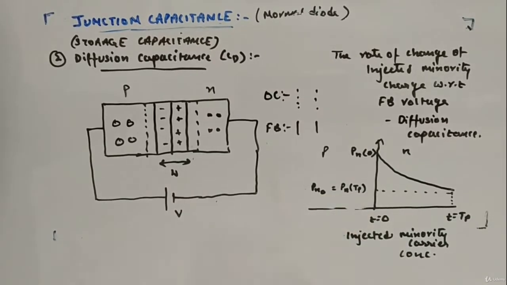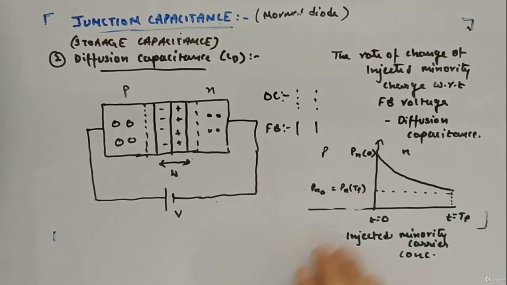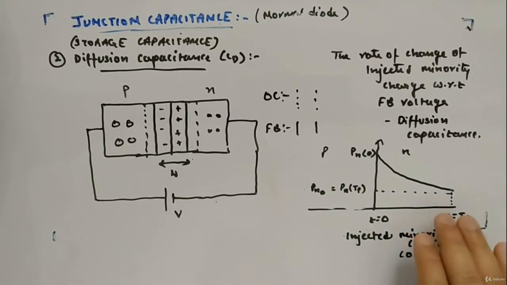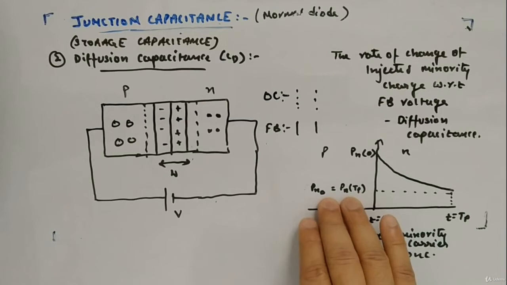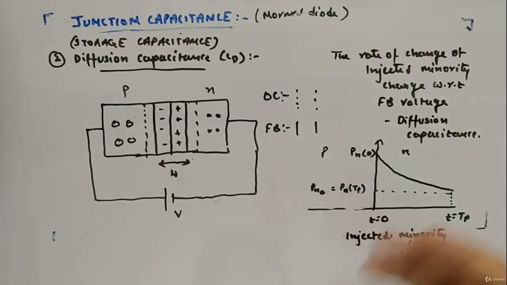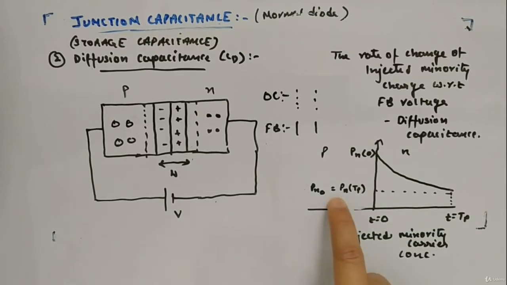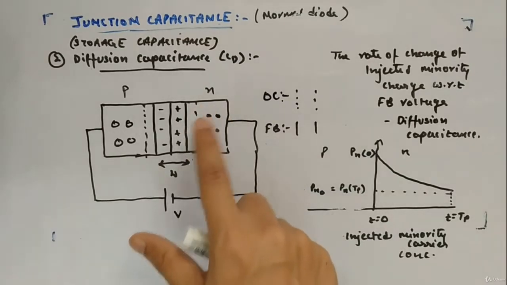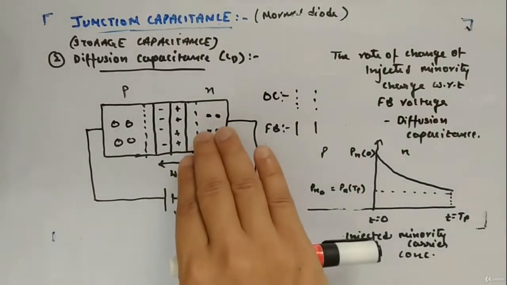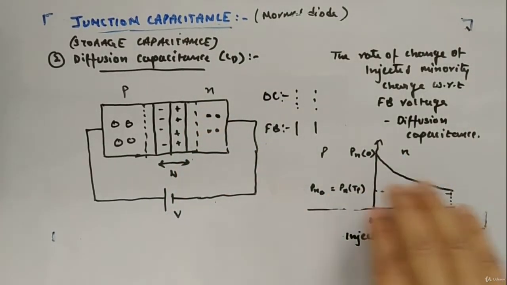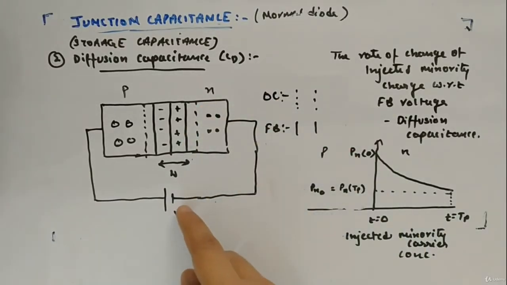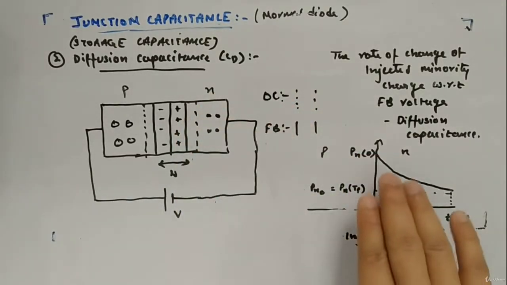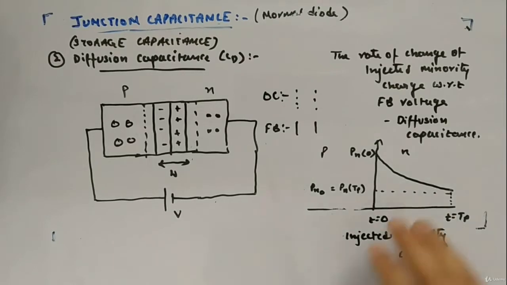So the minority carrier is decreasing with time, and after a certain time it reaches the equilibrium value of minority carrier concentration in the N side. In the N side, holes are the minority carriers, and why is it decreasing? Because the negative terminal is sucking out the holes, or you can say minority carriers, from the N side.